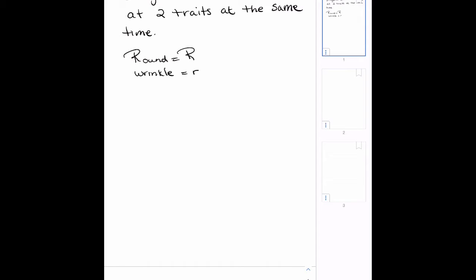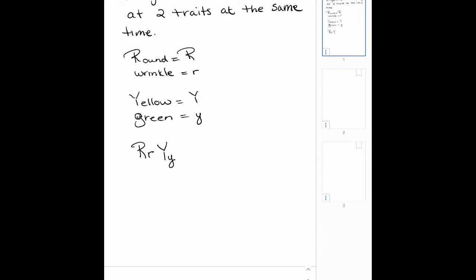And he was also looking at the trait, and this is a very common cross that we do, yellow peas and green. Yellow is dominant, and green is recessive. So let's say he did a cross.